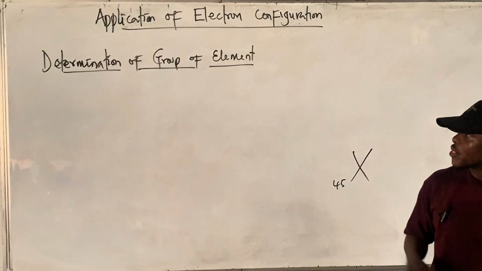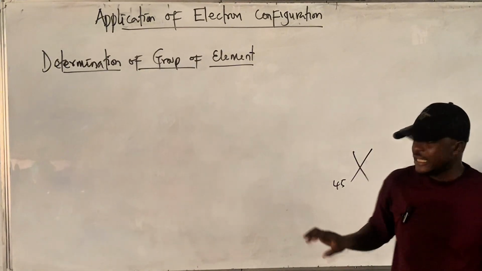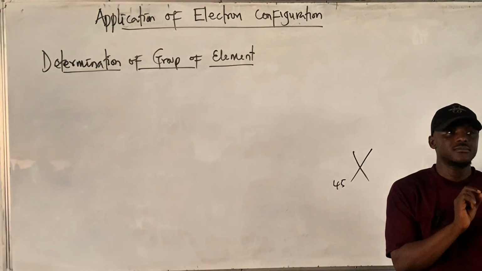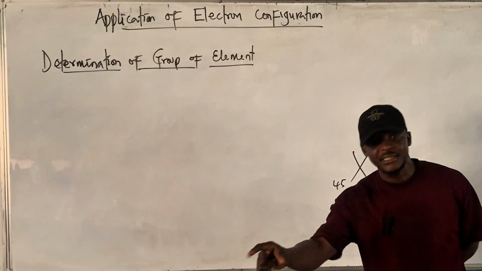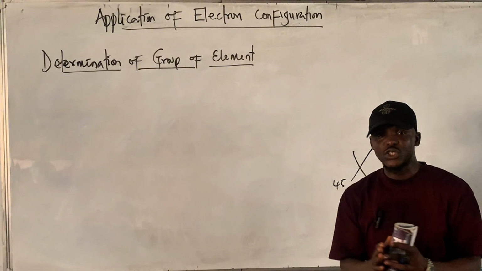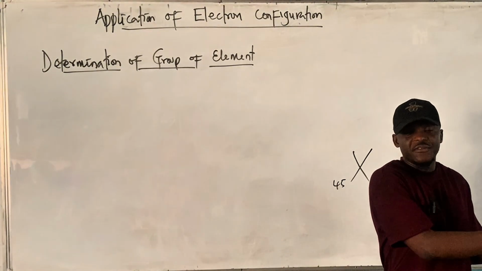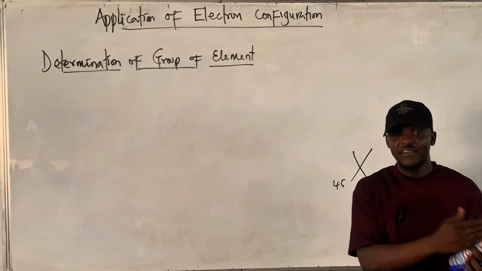Now, class, before you can get the group of an element using the electronic configuration, listen. You must first identify which block that element is present in. The method I'm going to use for S block elements is different from the one I'm going to use for P block. It's also different from the one for F block.